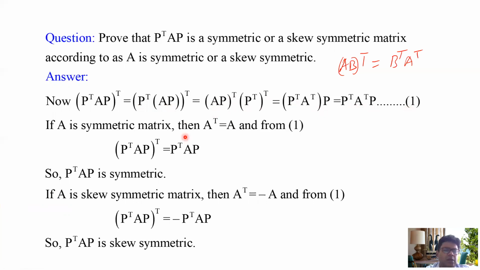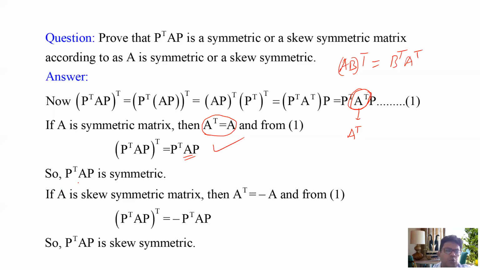This is number one. If A is symmetric, so that means A transpose is equal to A. So from one you may write (P transpose AP) whole transpose is equal to P transpose A transpose P. A transpose is replaced here, A transpose is equal to A. So if I replace here, that is (P transpose AP) whole transpose is equal to P transpose AP.